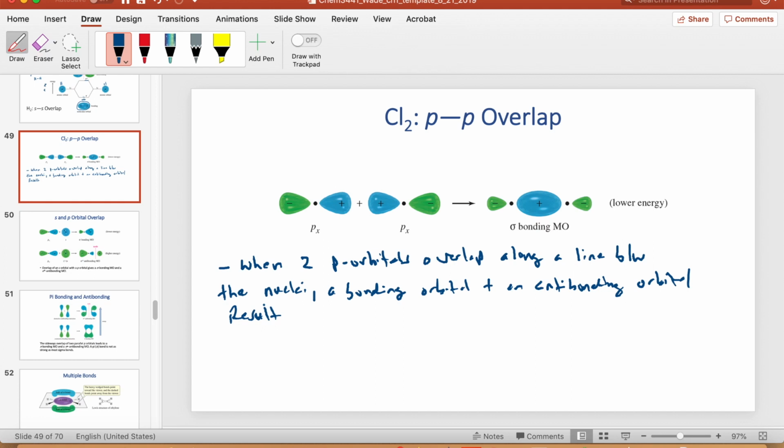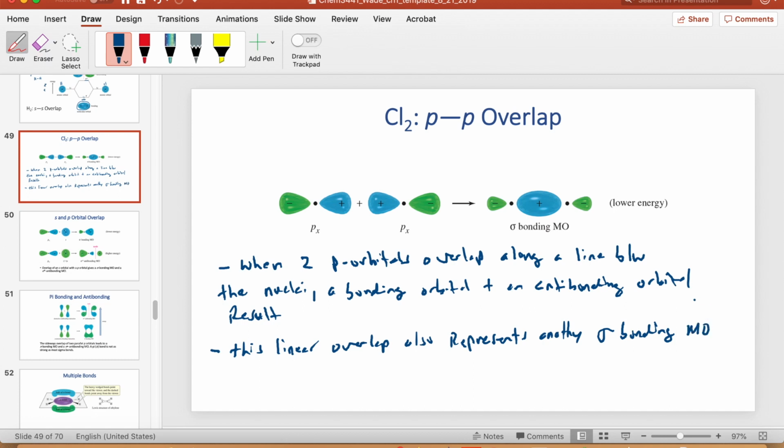And this sort of linear overlap here, again, is another type of molecular orbital, a sigma bonding molecular orbital. So this linear overlap also represents another sigma bonding molecular orbital.